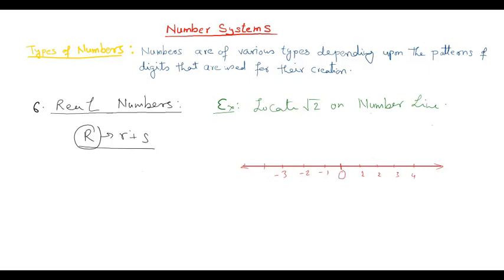Take OA as the unit distance on the number line where O coincides with 0. So here it will be O, and this is the unit length, so this will be OA on the number line. Now construct a perpendicular AB of unit length to this line OA.